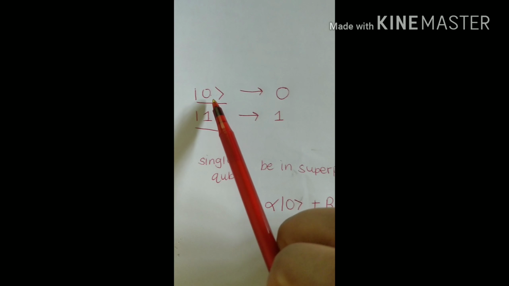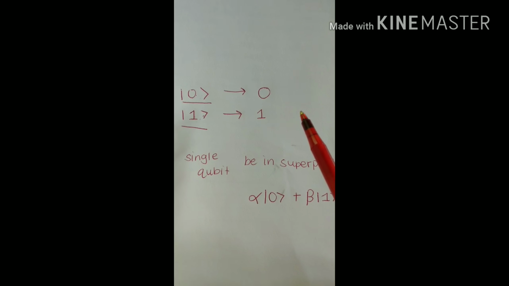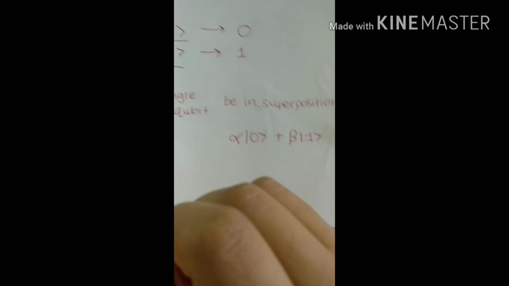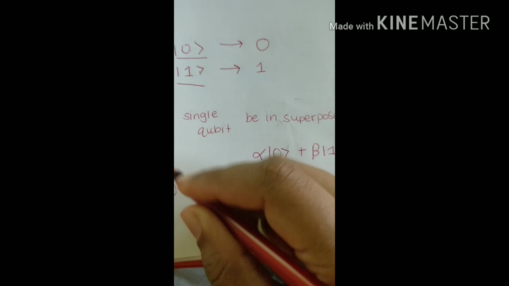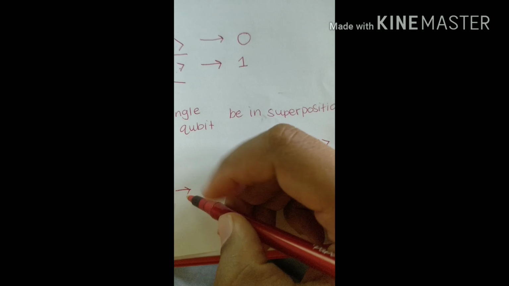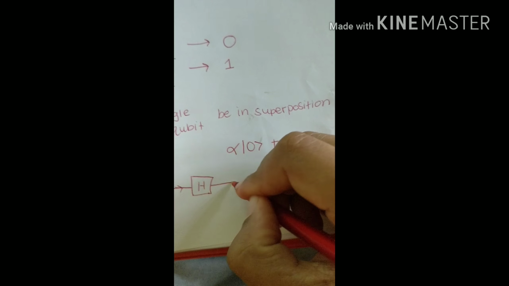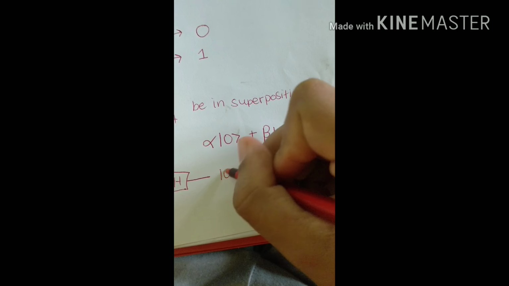That's achieved by passing the 0 and 1 states through the Hadamard gate.